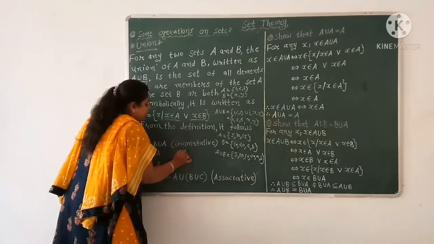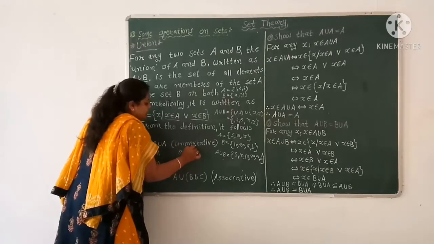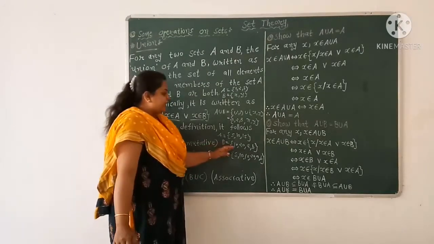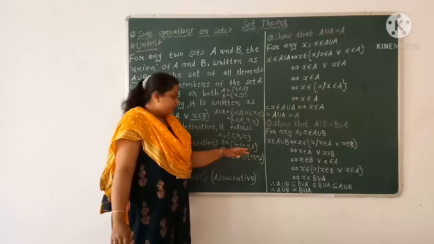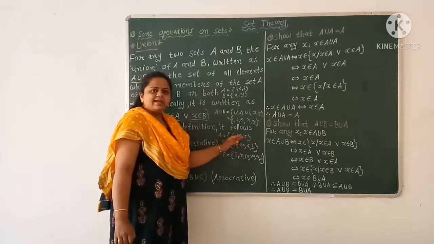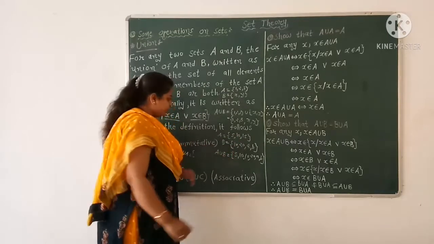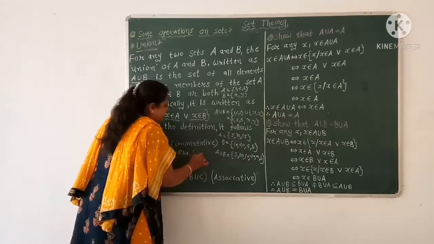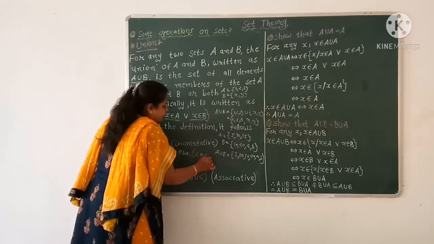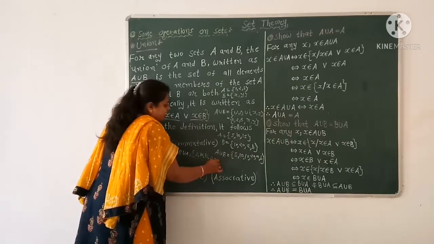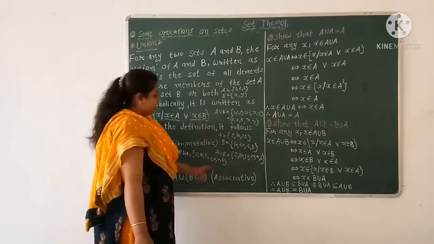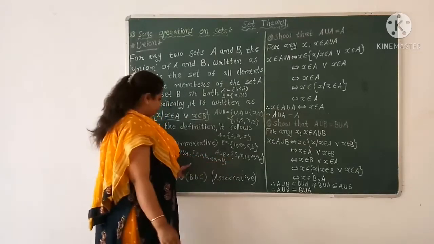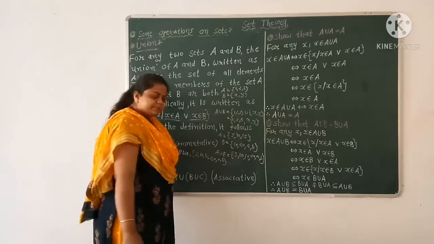And B union A is equal to {10, 20, a, b} union {5, 10, 15}, which equals {5, 10, 15, 20, a, b}. So here A union B equals B union A.